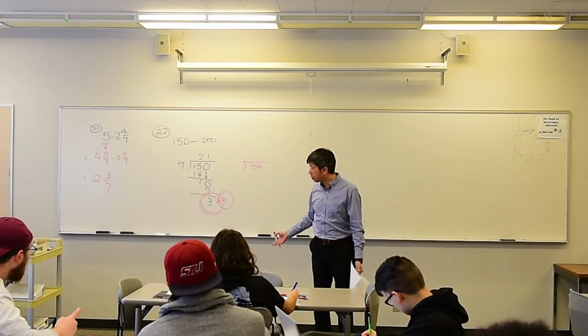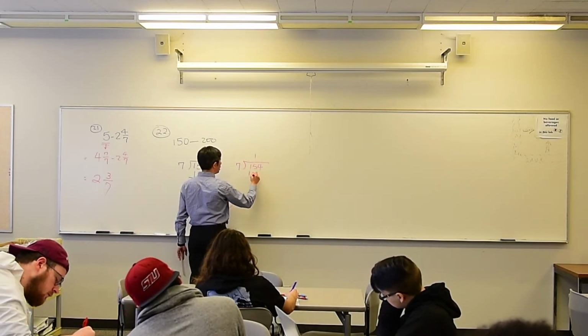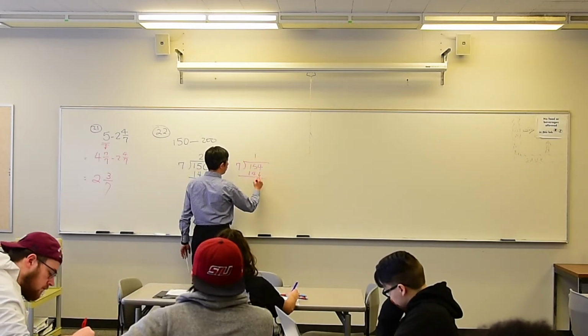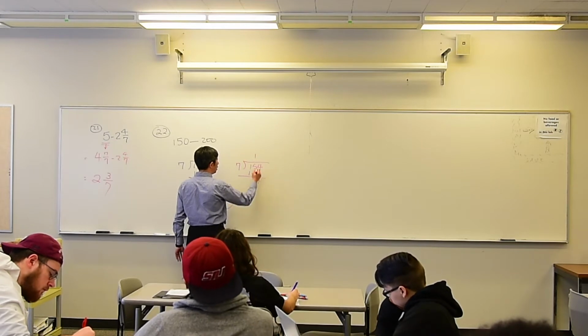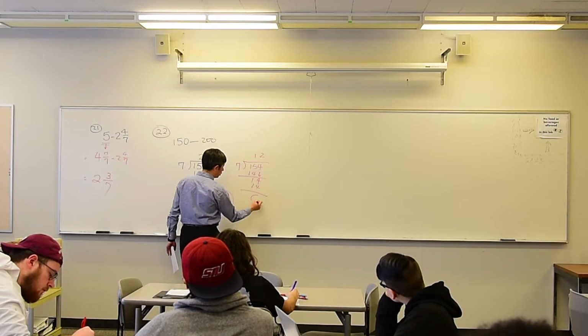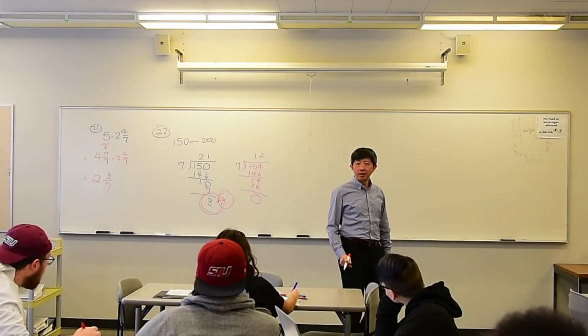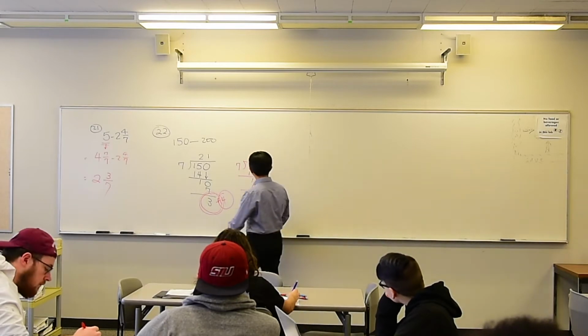Do you believe it? Yes, that's right. 7 goes into 15 two times, 14, and then bring down the 4 to make 14, and we get a 0. Did you see it? You add 4 more, right? It's supposed to be 22. Oh, I'm sorry.